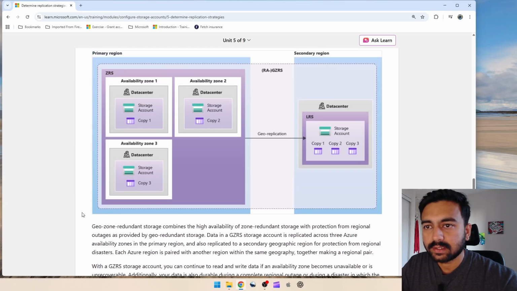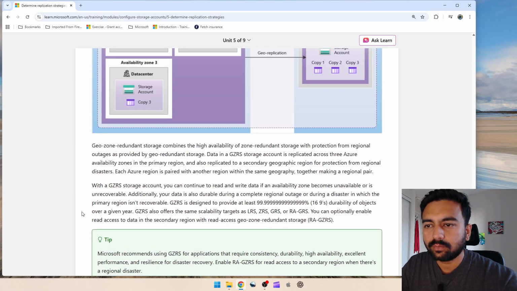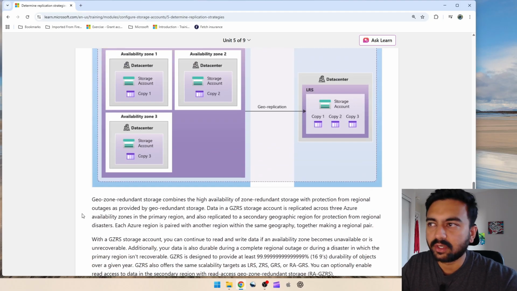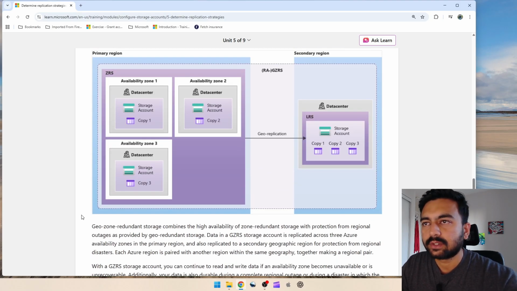I'm wondering what the use case for this would be, but I'm pretty sure there are some. Let's try to understand this on a technical level though. So high availability of zone redundant storage, so multiple zones, protection from regional outages as provided by geo redundant storage. Okay, so regional outages.